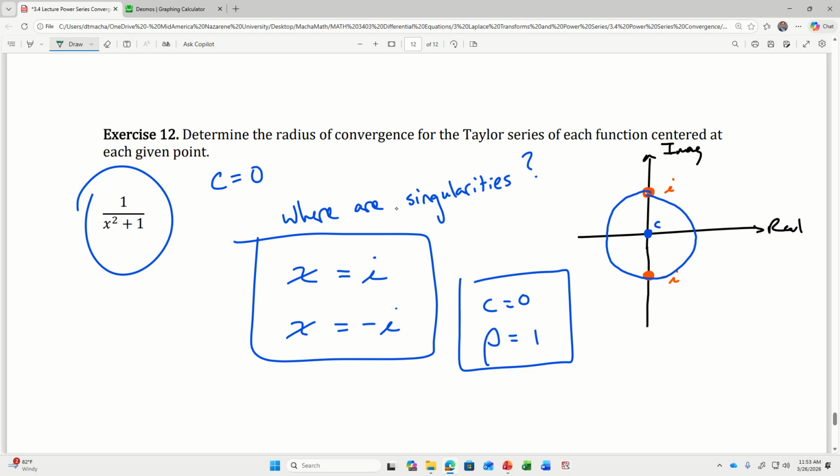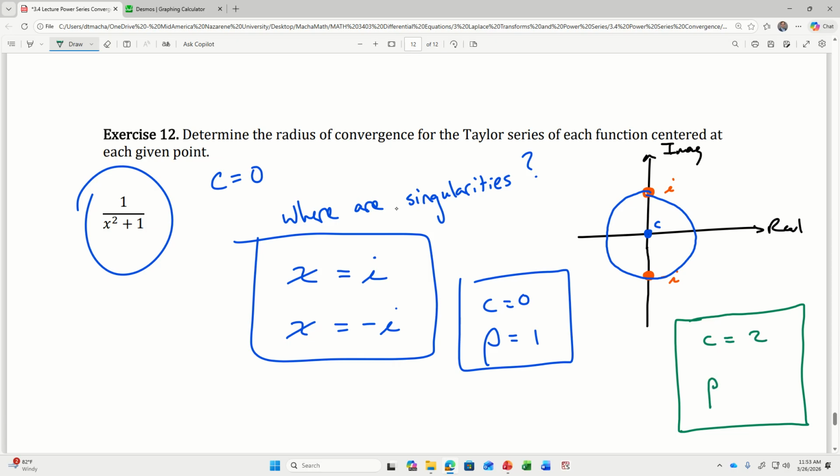What if instead I chose a center for my power series at the point, I don't know, I guess it doesn't matter. Let me choose a center at the point 2.